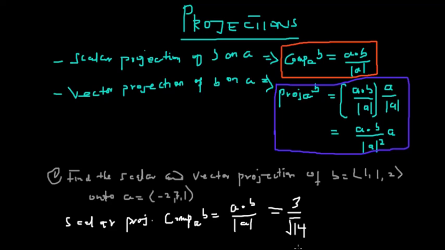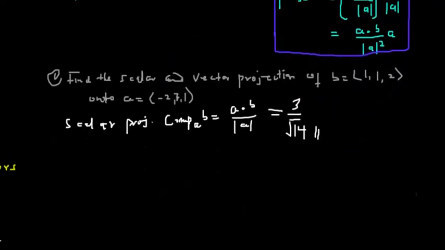So in simple terms, this will be our scalar projection. Okay, so we are done with scalar projection. Let's move on to the vector projection. Okay, so for vector projection, we have our formula.